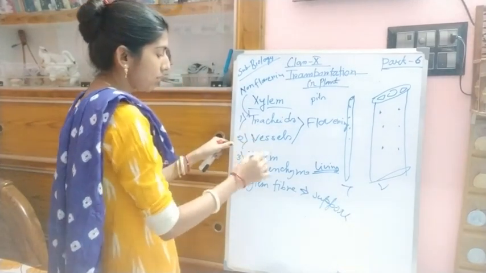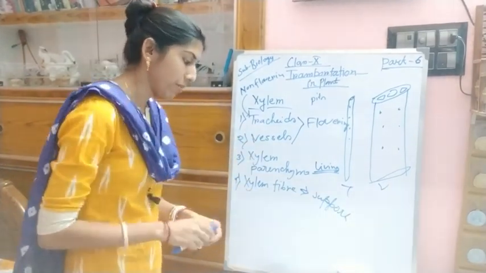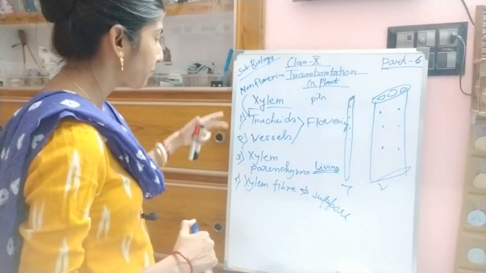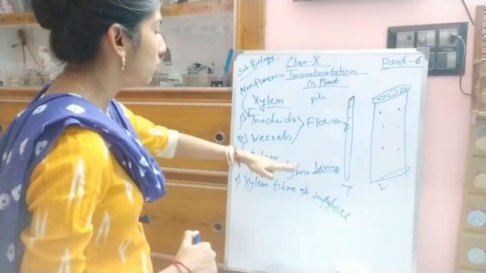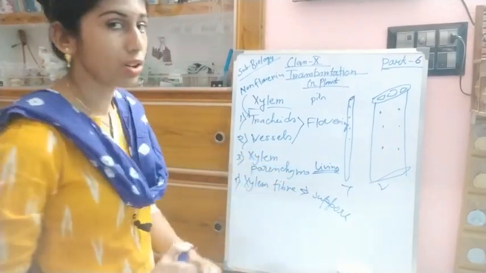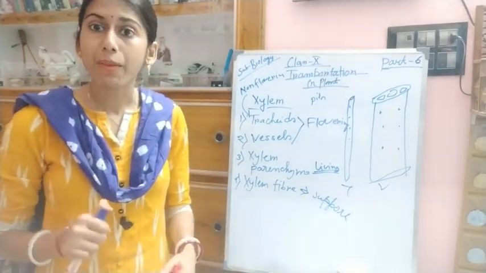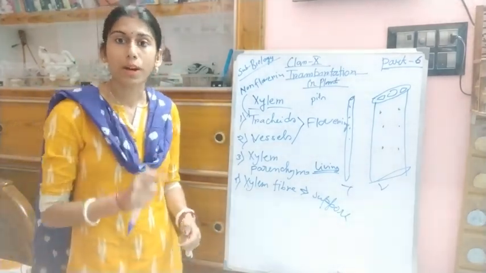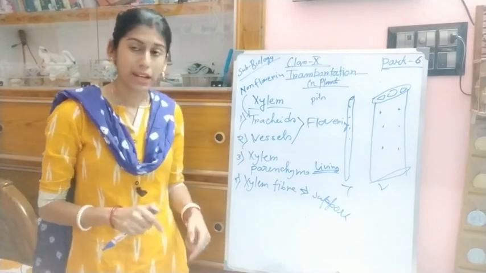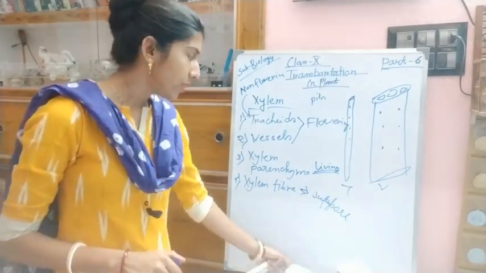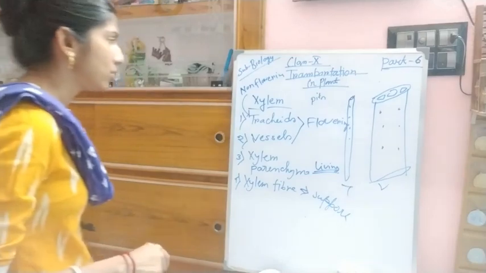So tracheids, vessels and xylem fiber, all 3 are non-living parts. Only one part is living, which is called xylem parenchyma. So in xylem, 3 parts are non-living and only one part is living, which is xylem parenchyma. Now we will see the different parts of the phloem.